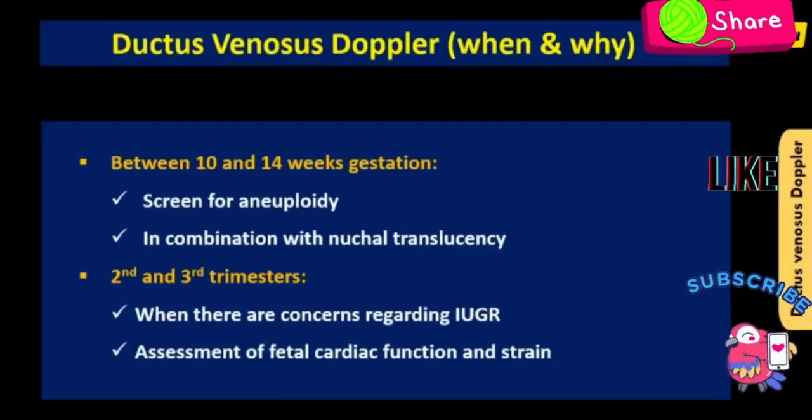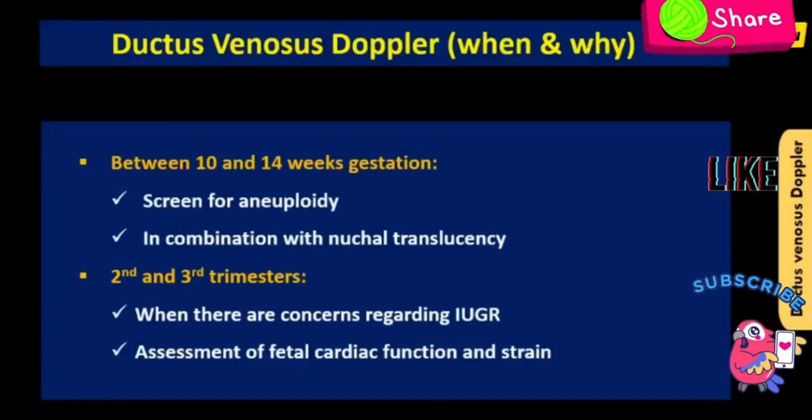Doppler ultrasound of the ductus venosus is also performed in the second and third trimesters, when there is a concern regarding fetal growth restriction, and to assess cardiac function and strain in fetuses with high output conditions.